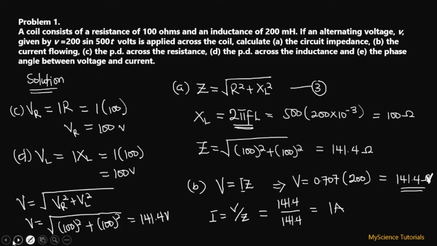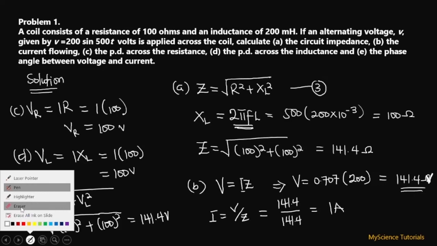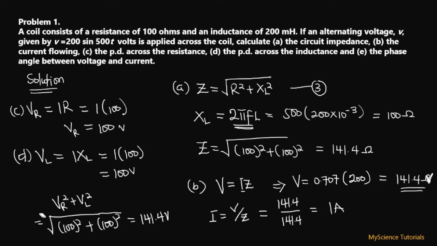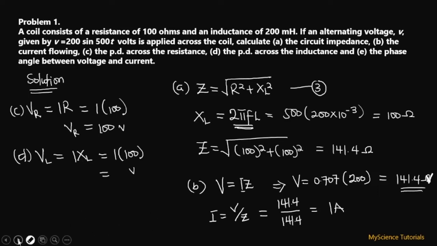All right, so let's look at the last aspect of this particular question. That is asking us to find the phase angle between the voltage and the current. Now, to find the phase angle between the current and the voltage, it is given by the formula tan of the phase angle is equal to VL over VR.